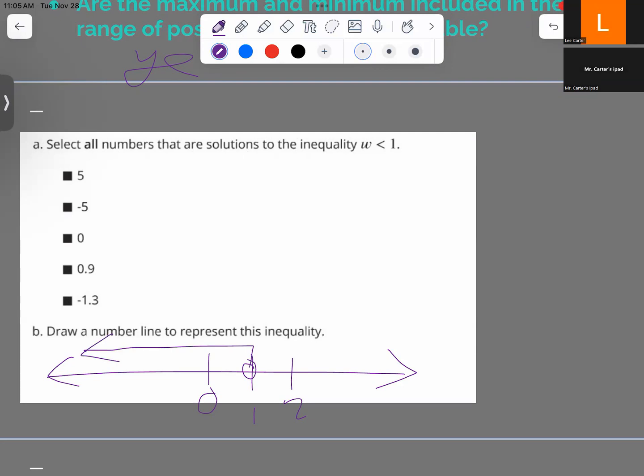So is 5 less than 1? No. Is negative 5 less than 1? Yes, because that would be over here on the left. So negative 5 over here somewhere. Is 0 less than 1? Yes. Is 0.9 less than 1? Yes. Is negative 1.3 less than 1? Yes. So all those are solutions to that inequality because it's anything to the left of the 1 there.